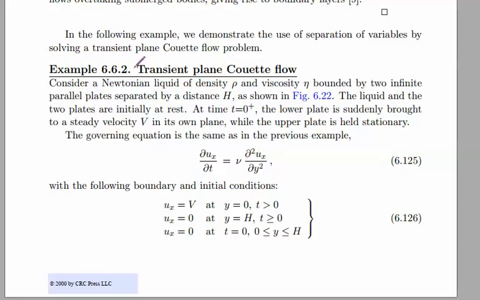So here we have an example from the book of Papanastasiou, Viscous Fluid Flow. The example is transient Couette flow. This is a physical phenomenon. What is happening in this example?